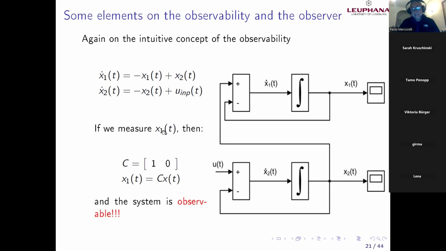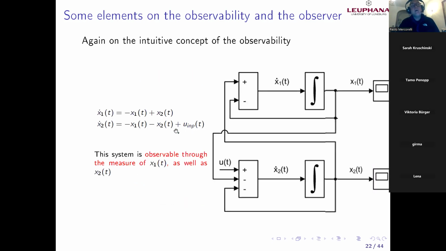Between this example and this example, I have one more connection, and of course, with one more connection, the concept changes: whether the system is observable or not. In this case, I told you, in accordance with some definition, this is fully observable, independent of what I am measuring.